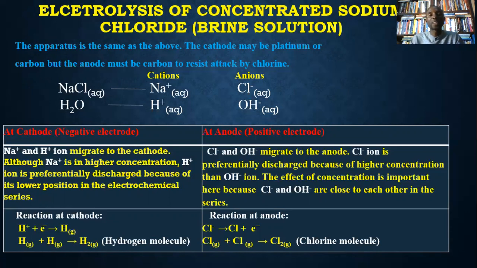But when you get to the anode, of course, chloride is highly concentrated, and OH minus will also migrate to the anode. But when they get there, chloride will be preferentially discharged. Why? It is more concentrated than the OH minus, and they are closely positioned in the electrochemical series, so the effect of concentration will be more important here.